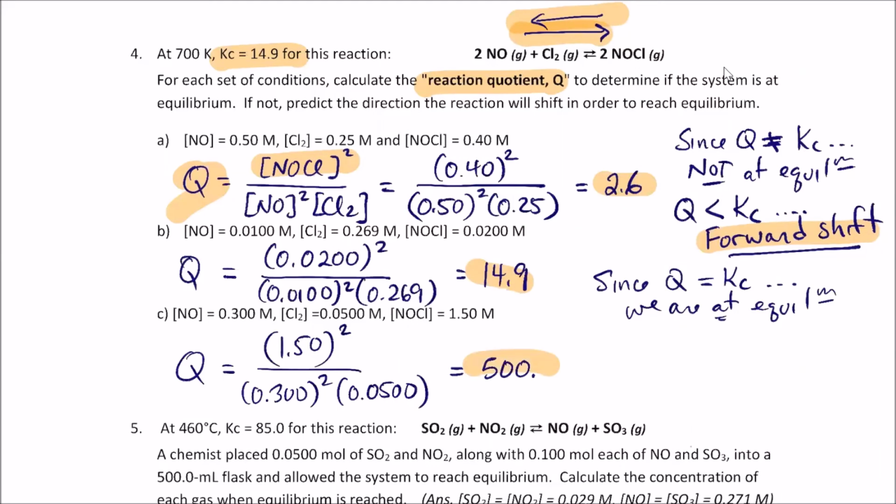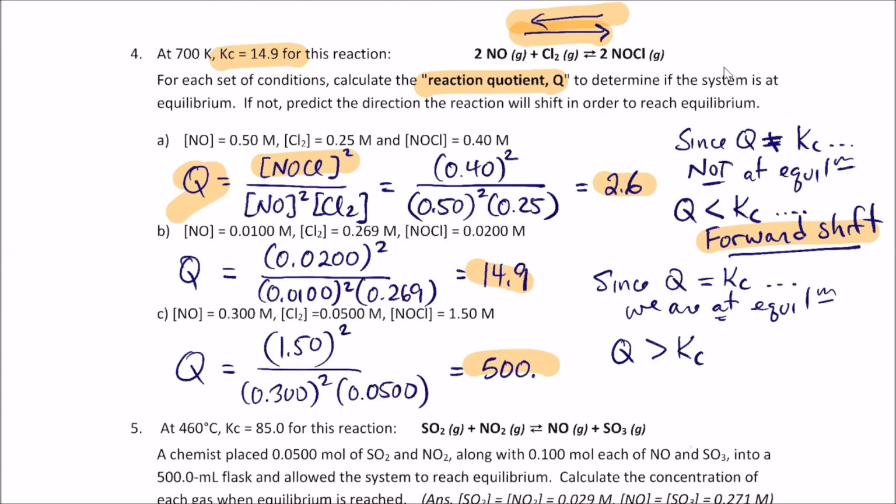Okay, so the first situation back in part A, Q was not equal to K, and in fact Q was less than K. So that meant we were not at equilibrium and there was a forward shift. What we have here is Q is bigger than Kc, right?